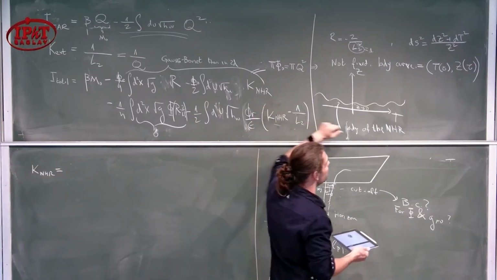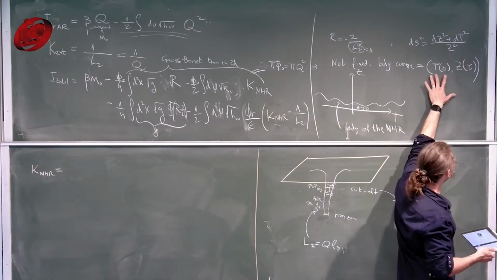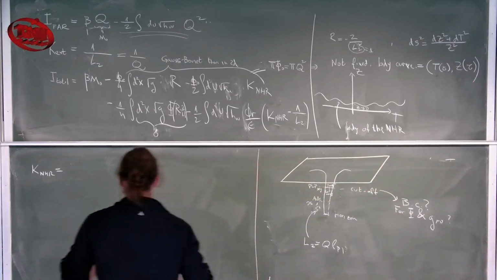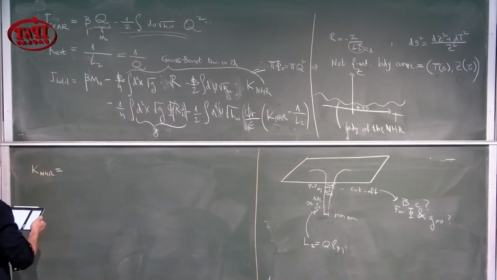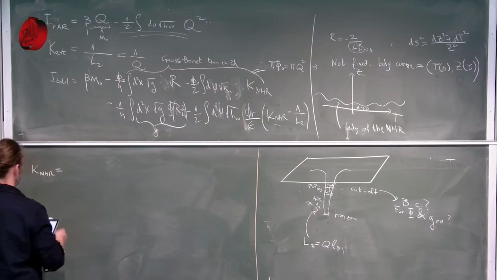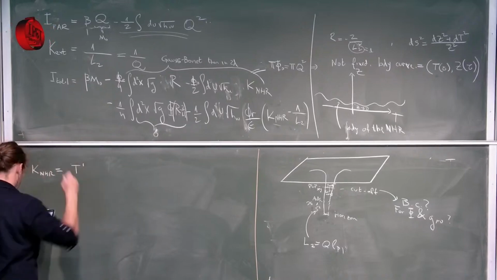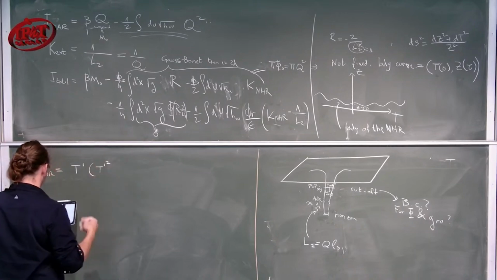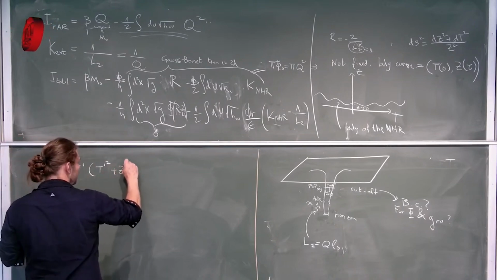The extrinsic curvature can be written in terms of T and Z, when T and Z are parameterized by the proper boundary time tau. Specifically, the formula that this extrinsic curvature takes is a bit ugly in terms of T and Z, but let's write it.